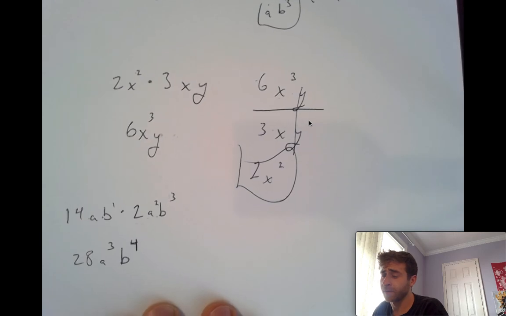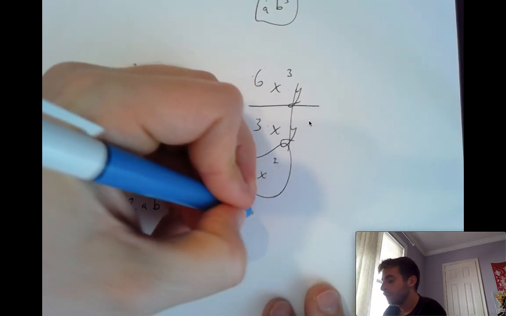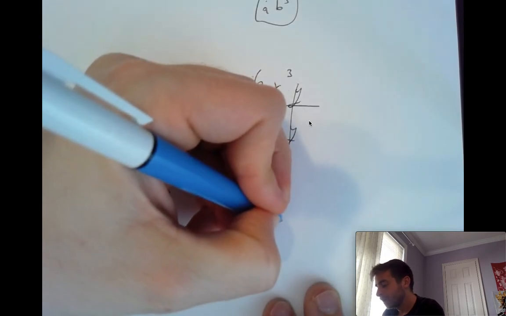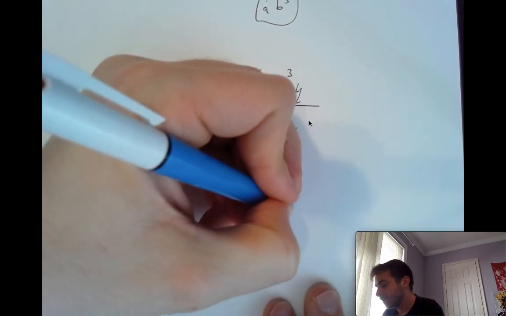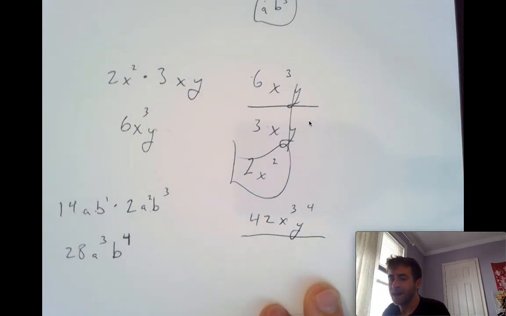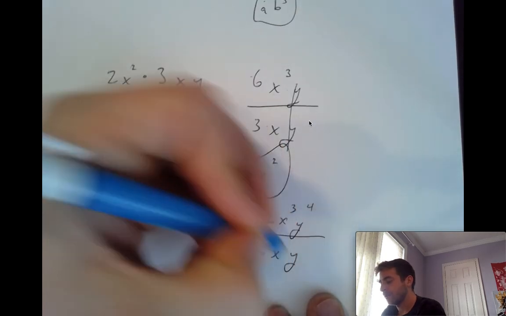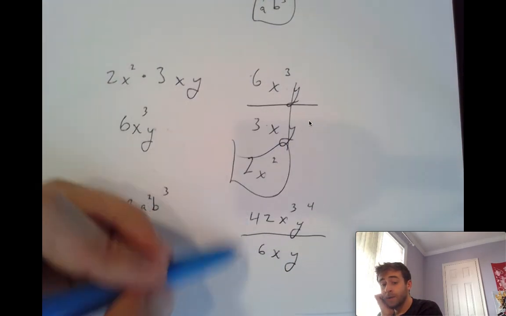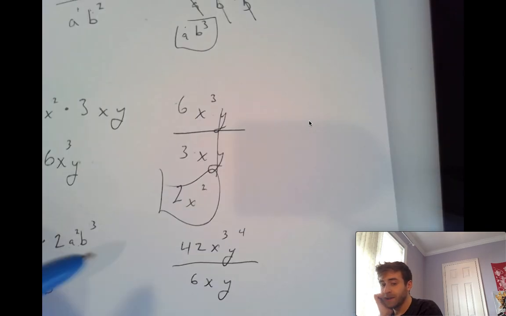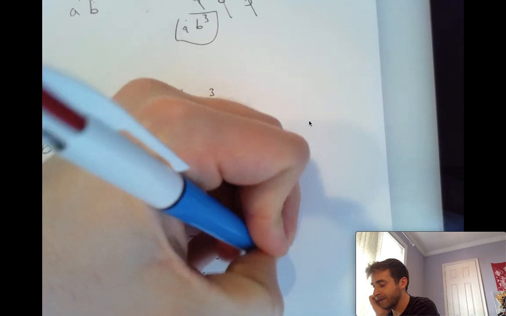Let's do a final division over here. Let's do 42 x cubed y to the 4th, and we'll divide out a 6xy. Do the numbers. 42 divided by 6 is going to get me 7.